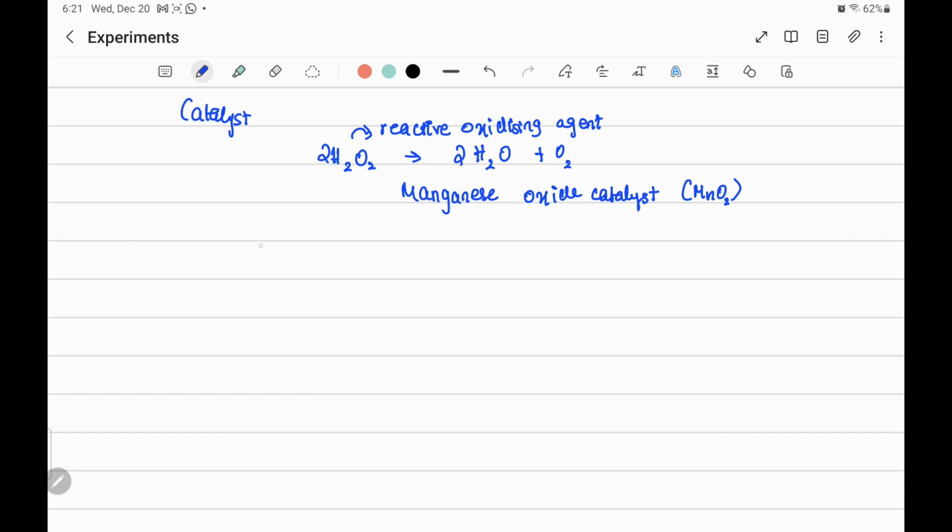Now, simply, you're going to have a conical flask again, and you're going to have your gas syringe. Not pretty, but it's a gas syringe, you guys. Peroxide will be in here, and you will add finely powdered manganese oxide.